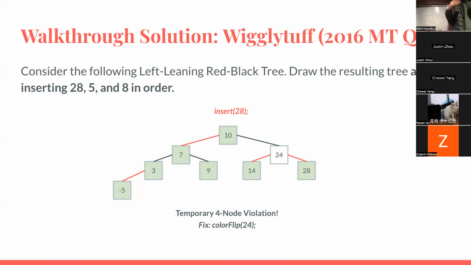So we color flip on 24. What that means is all of its outgoing links are going to flip. So its link to its parent turns red and its children are now black. This insert 28 is not actually done right now, because the root has 2 red children, and remember, that's not allowed.